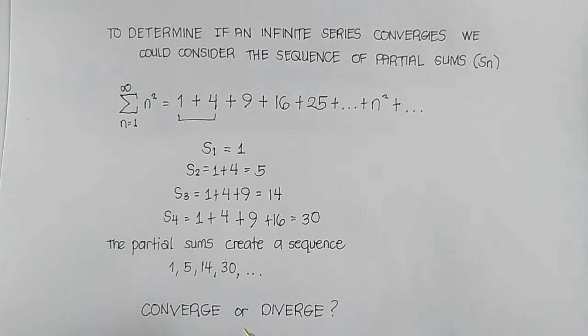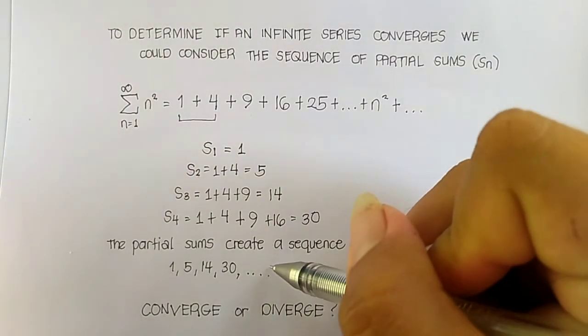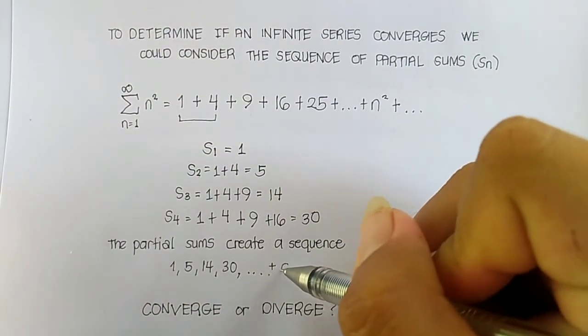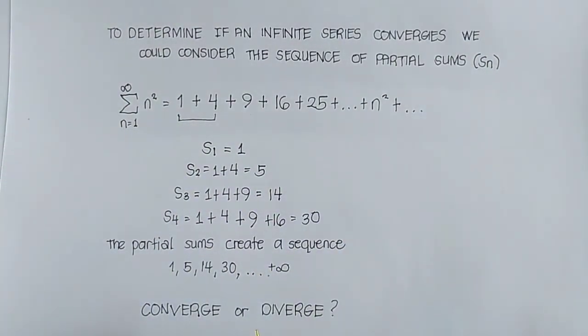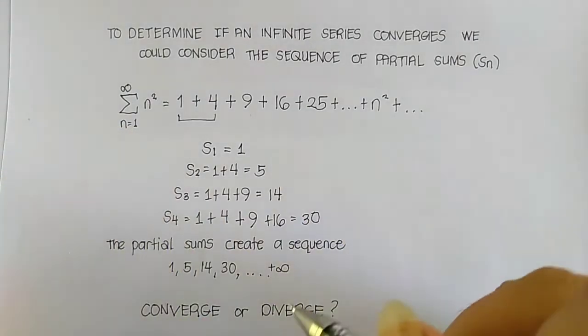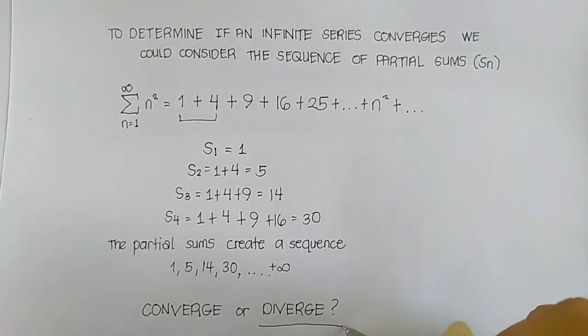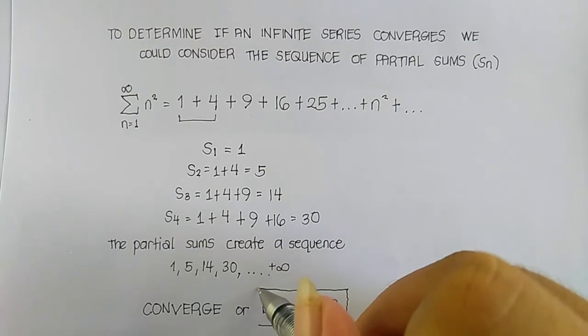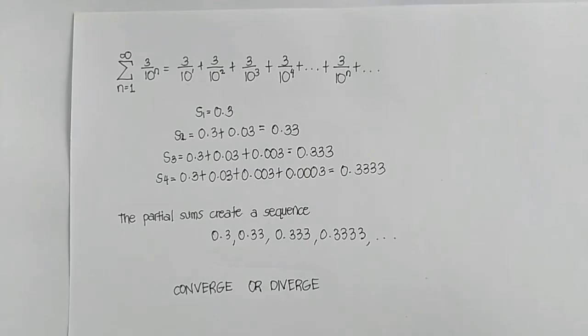It's probably pretty easy to see from this sequence that it appears to increase without bound, to positive infinity. And therefore this infinite series diverges. We'll take a look at the formal definitions in a few minutes.